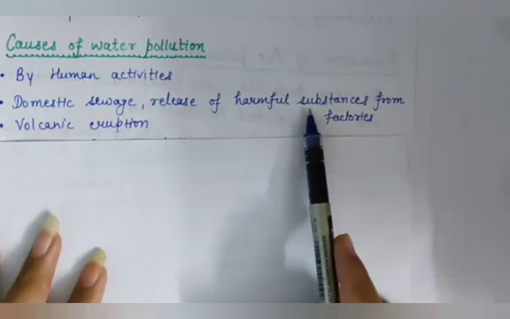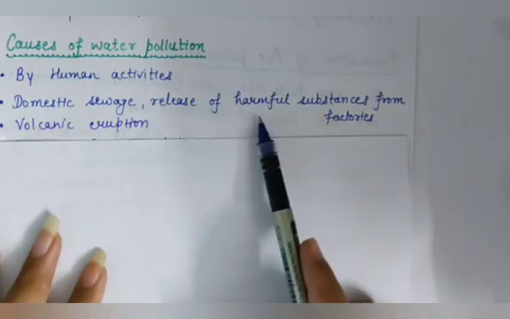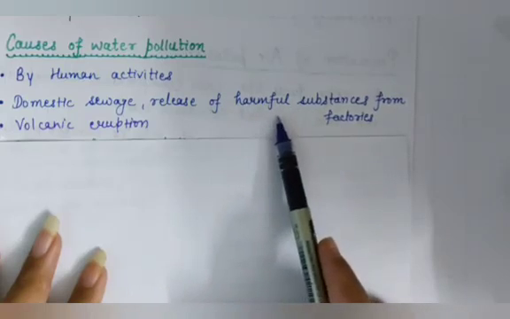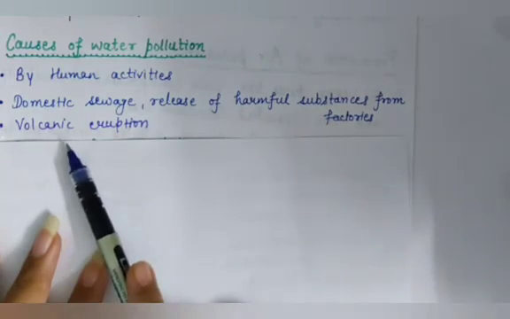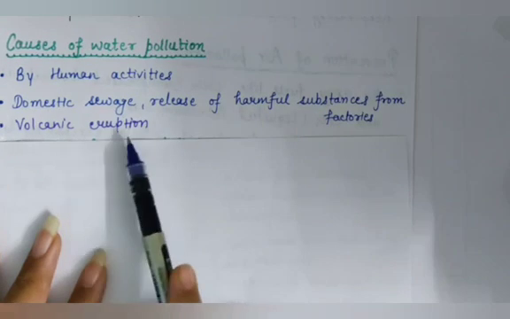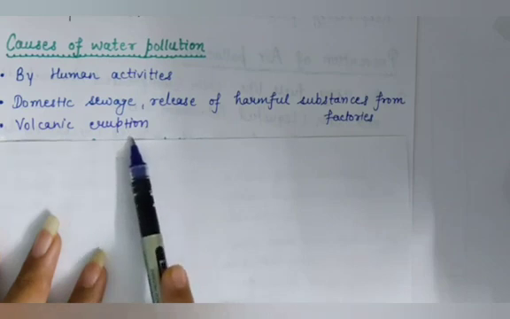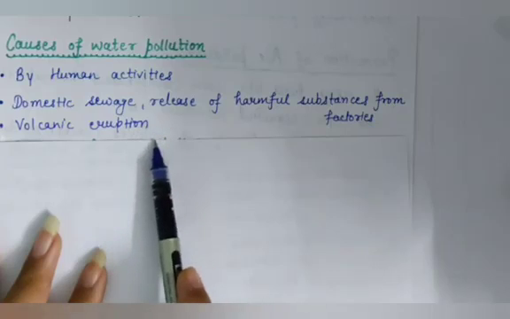These are some human activities that cause water pollution. And natural phenomena like volcanic eruption are also a cause of water pollution. Okay. So these are some causes of water pollution.